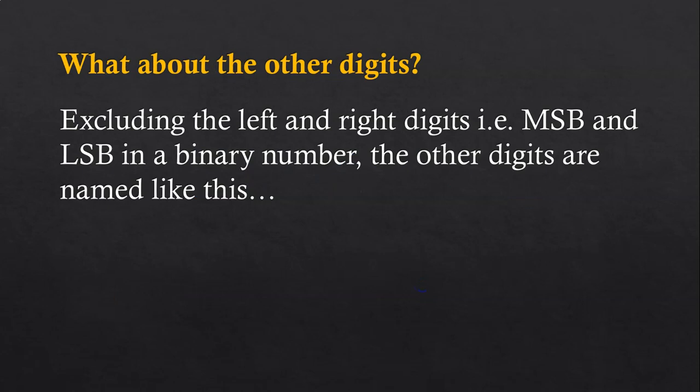Excluding the left and right digits in binary numbers, for example MSB and LSB, the other digits are named like this. There is a problem, because if we take a decimal number 287, then we know 2 is at hundreds place, 8 is at tens place, and 7 is at units place. But how to identify the particular digit position in a binary number, that we have to see now.